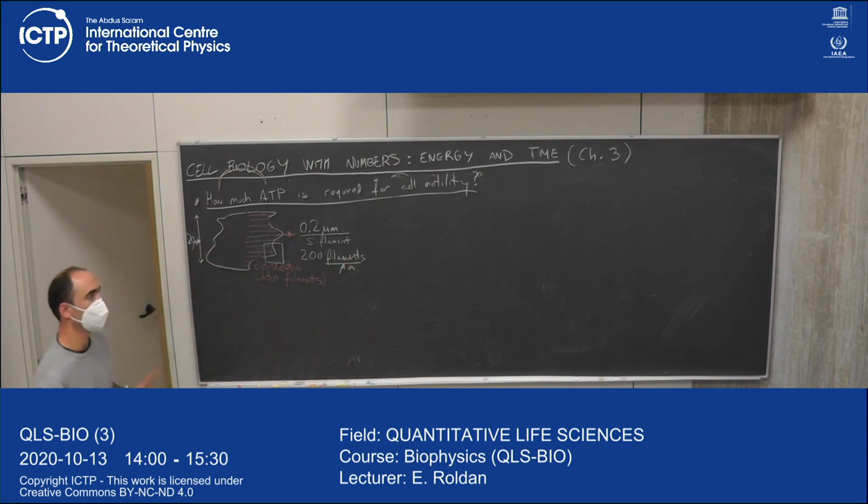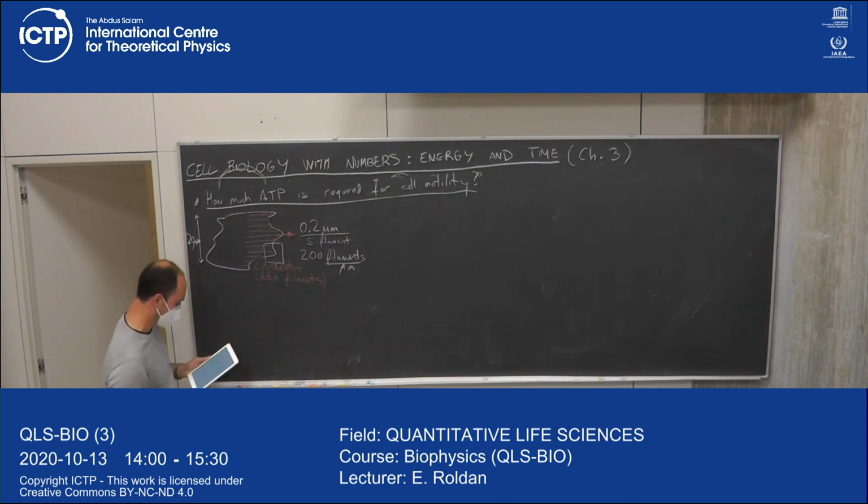Okay. This tells you there are 20 microns. In each micron, there are 200 filaments. This is the density of filaments. And with this, okay, I will need a couple of things more, which I will give you later.